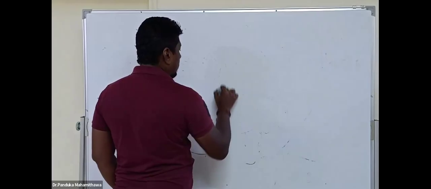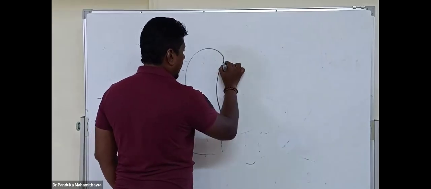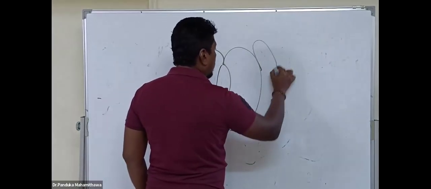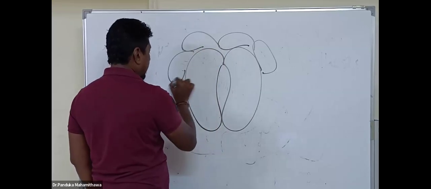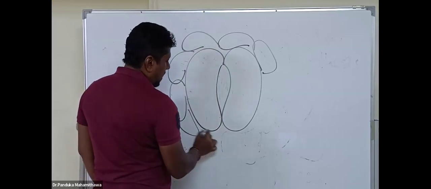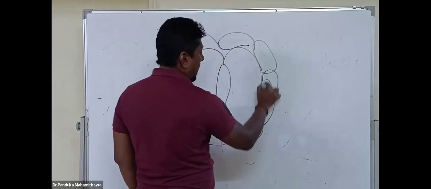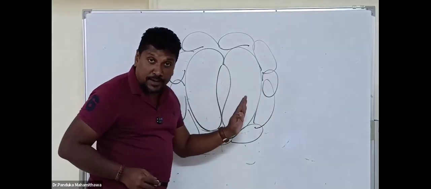Now, you have the guard cells like this, right? In the morning, what happens now? You have the surrounding epidermal cells here. These are the other epidermal cells, right? So what happens in the morning?